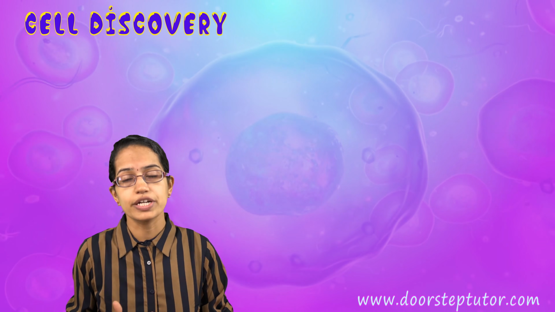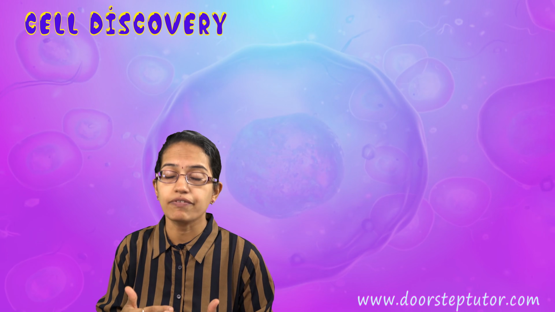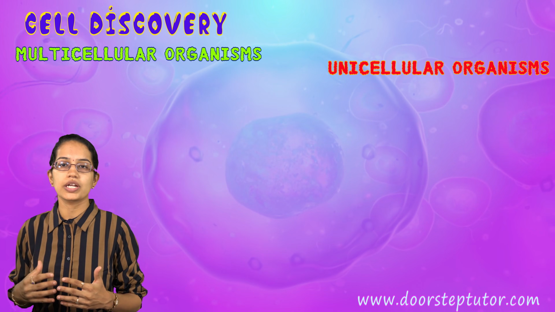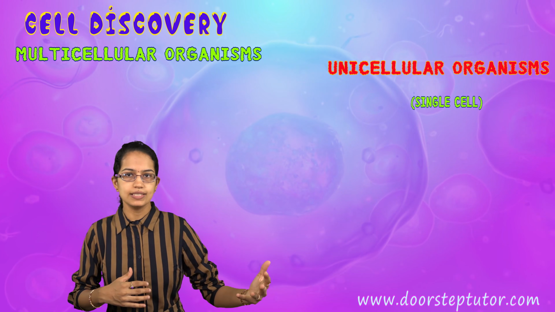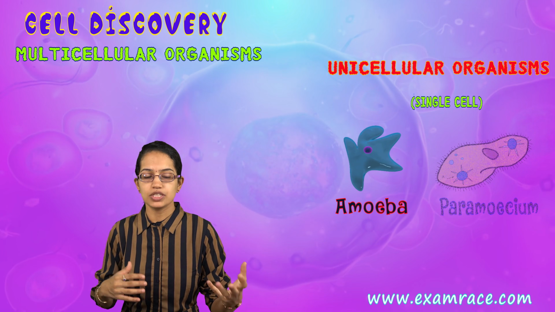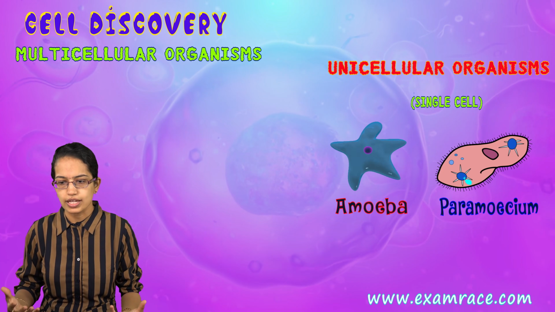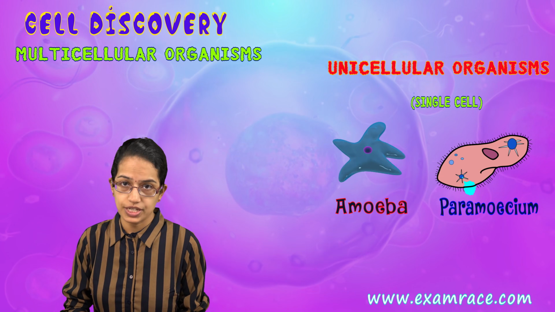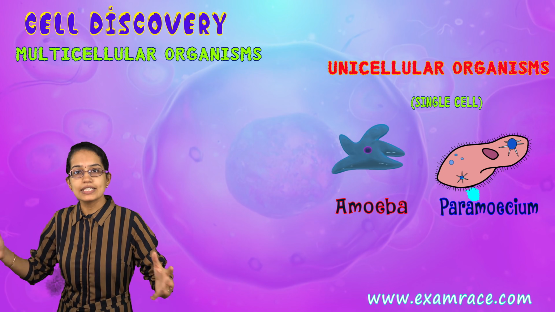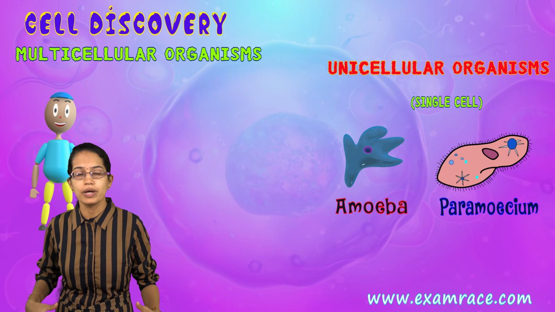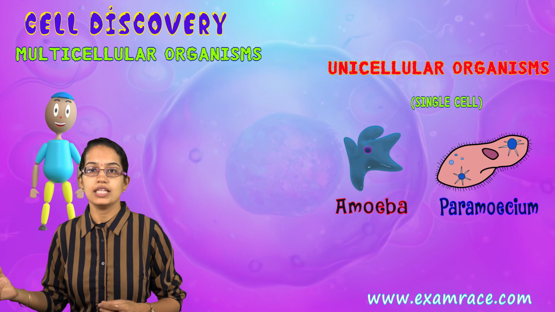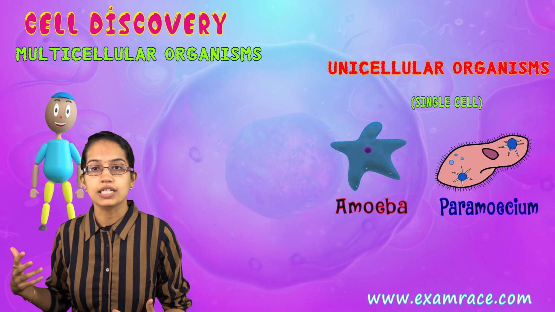As we have already studied in class 7th, we have unicellular organisms and multicellular organisms. Unicellular organisms are single-celled, for example, amoeba and paramecium. These single-celled organisms have just one cell which performs every kind of function. However, multicellular organisms like we humans have a compendium of cells, and each cell is specialized to perform a certain action.